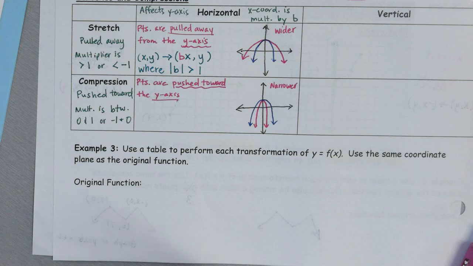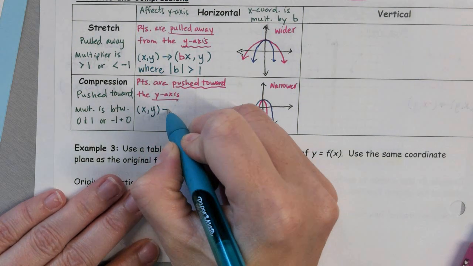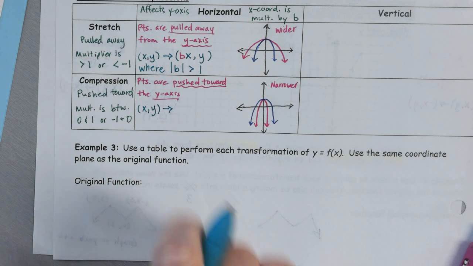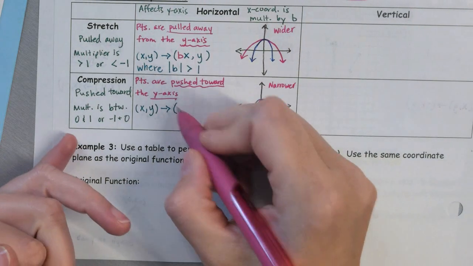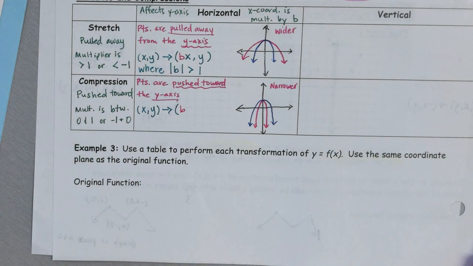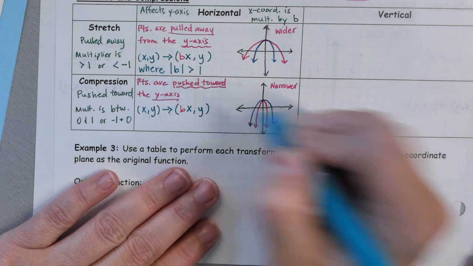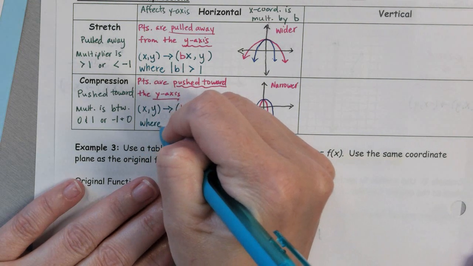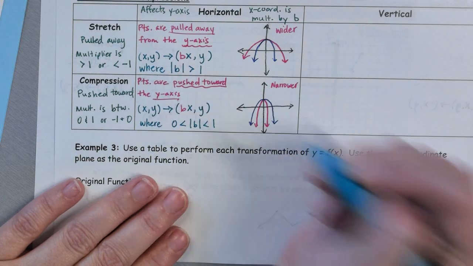So for this one, the rule is almost the same. The first part is the same. You're still multiplying x by a value of b. It's just there's different rules for b. If it's a compression, the absolute value of b is between 0 and 1.